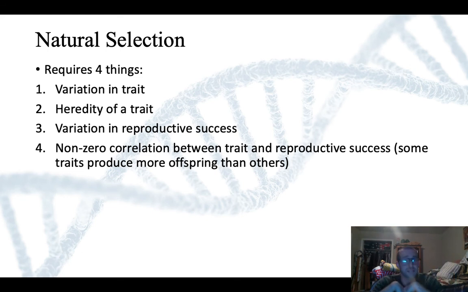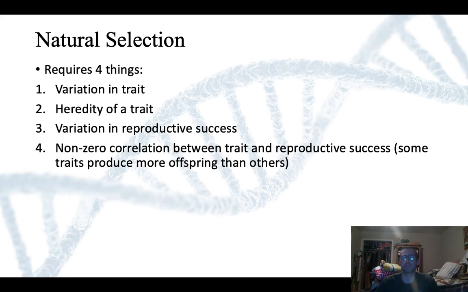And then lastly, you need a non-zero correlation between trait and reproductive success. This is essentially just a fancy way of saying some of those traits produce more offspring than others, right? So variation in reproductive success just means that some organisms produce more offspring than the others, and then that non-zero correlation means that it's related to that trait.